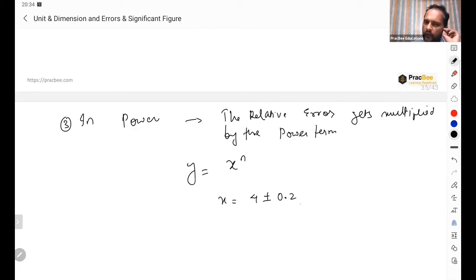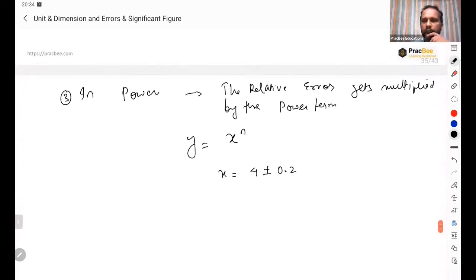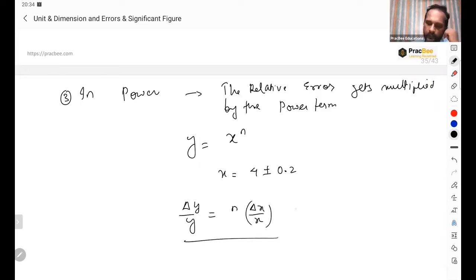And you have to find out the error in y. So delta y by y, the relative error in y, is n times delta x by x. That is n into 0.2 upon 4. This will be the error.